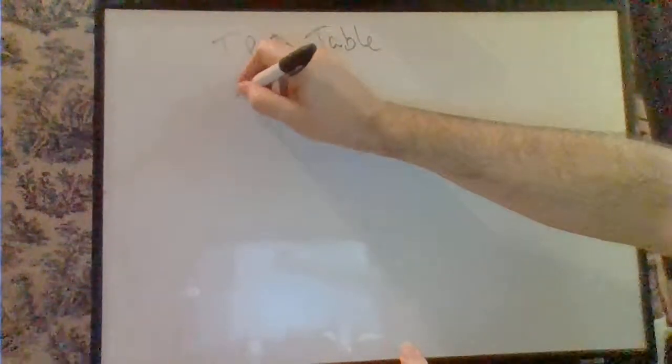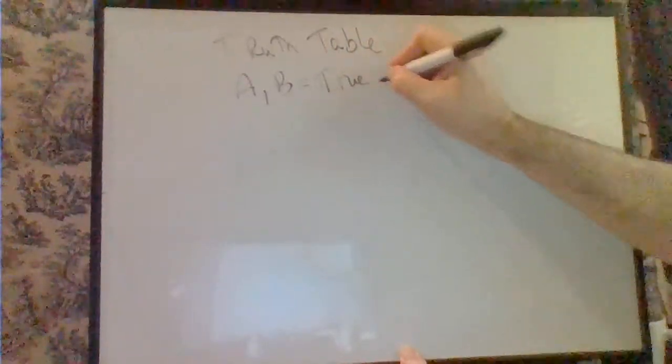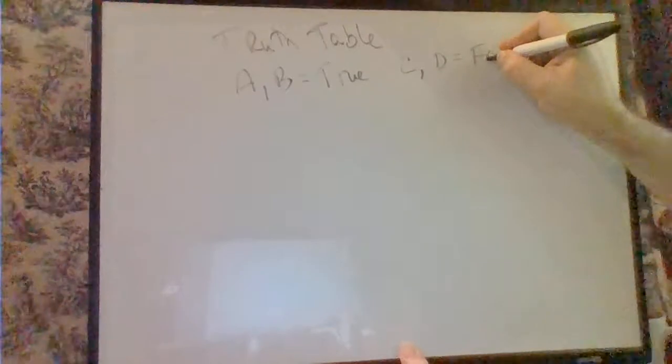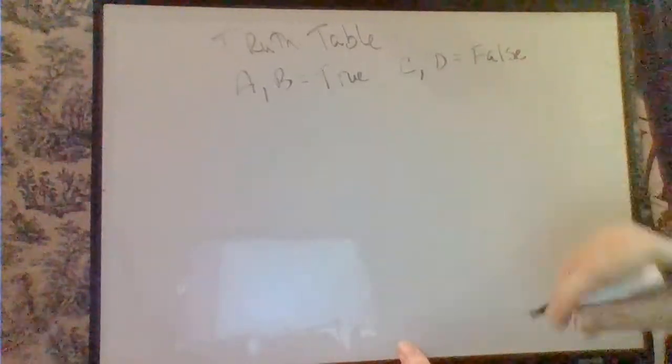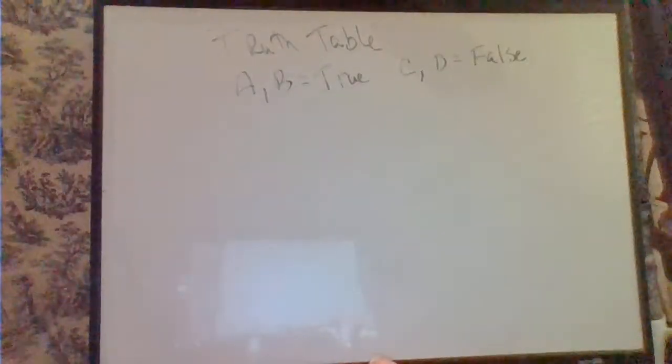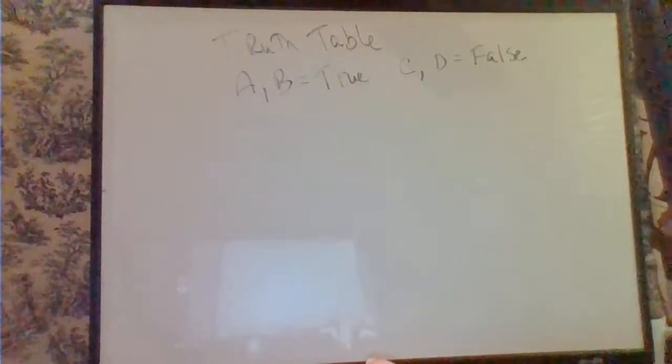And let's just say for simplicity's sake here that A and B will always be true, and C and D will always be false. This is only for what I'm doing here. Don't use this when you're doing homework or something like that. They'll tell you their own rules or give you their own information there.